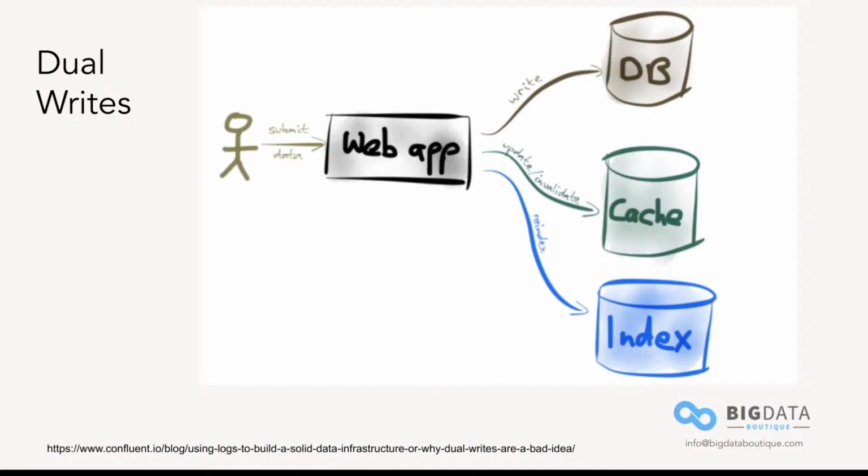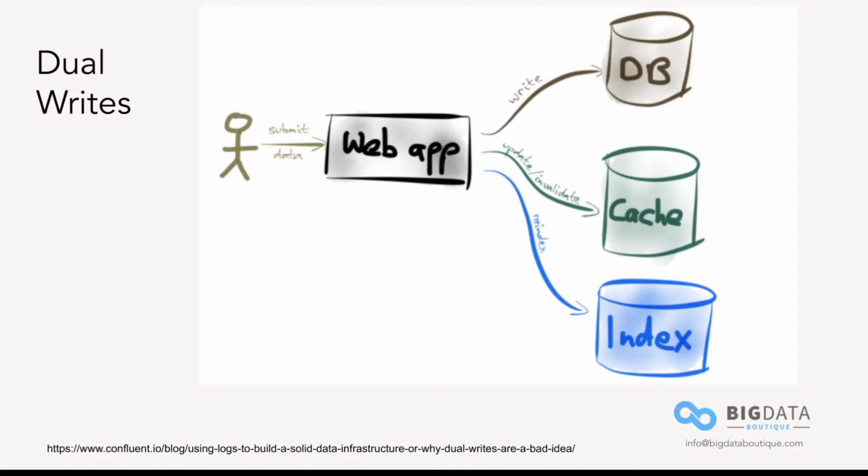And it also has to write in a document database, for example Elasticsearch, where you can easily make searches on that information. It's really good, but you have to update the index, and so on. So this web application is writing to all those databases.